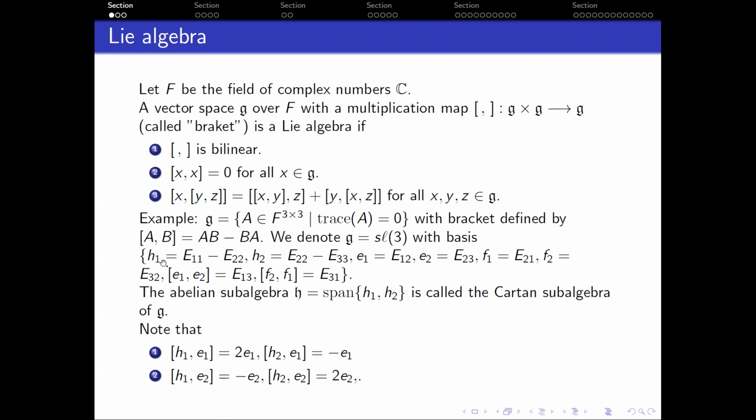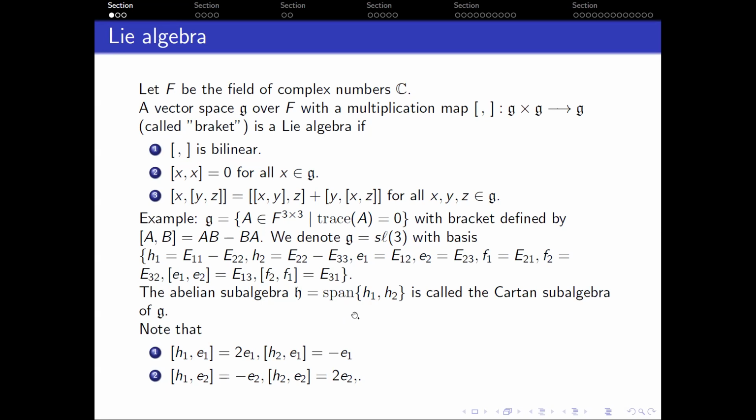As you know, the basis for this Lie algebra is two diagonal elements, which I will denote H1 and H2, and the off-diagonal matrix units E12, E21, E23, E32, and E13 and E31. This is an 8-dimensional Lie algebra. And the abelian subalgebra spanned by H1 and H2 is what we call the Cartan subalgebra.